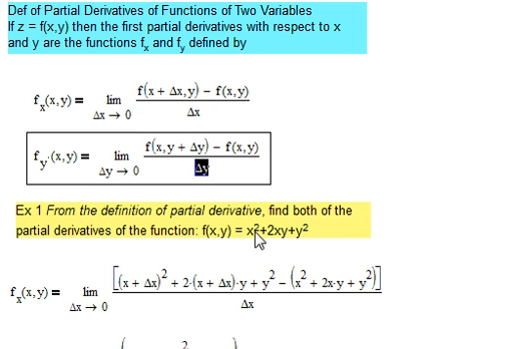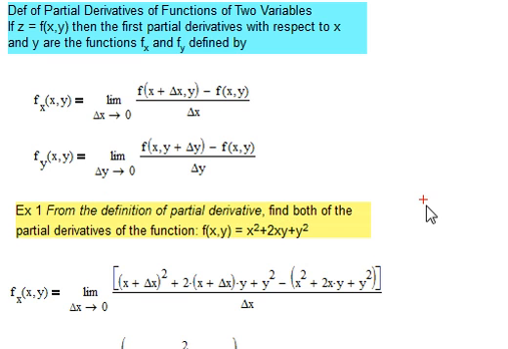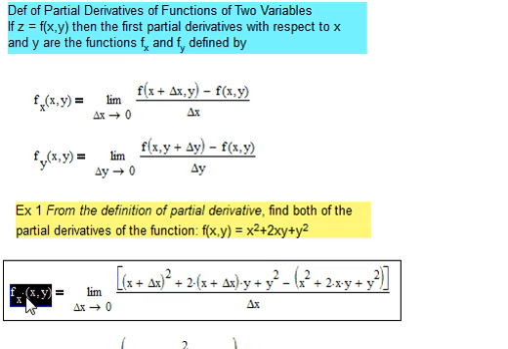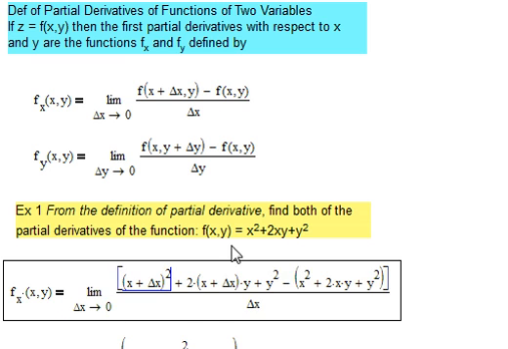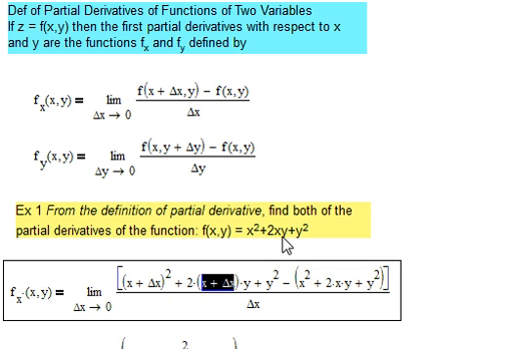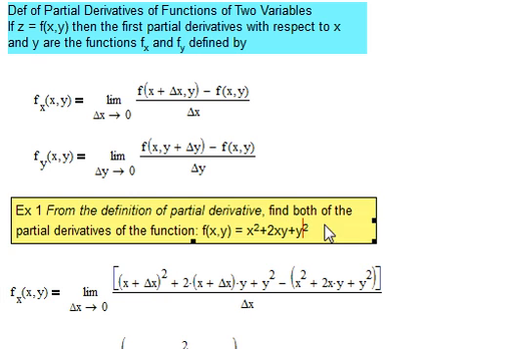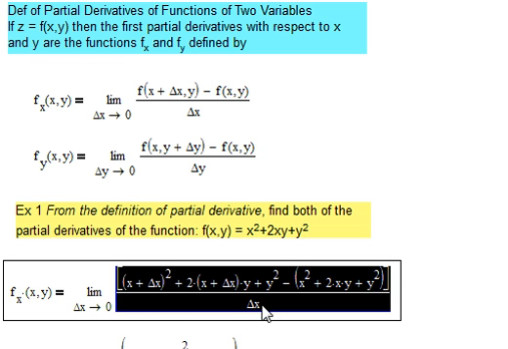We're going to use this example, x squared plus 2xy plus y squared, and find its partial derivative with respect to x. So that would be the limit as delta x approaches 0 of (x plus delta x) squared plus 2(x plus delta x)y plus y squared minus f of x,y, which is just this, all that over delta x.